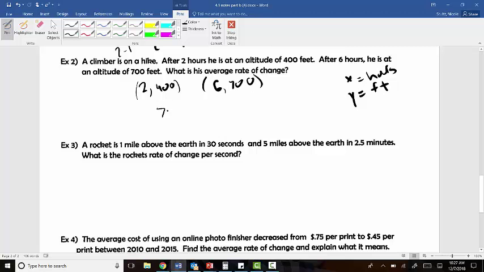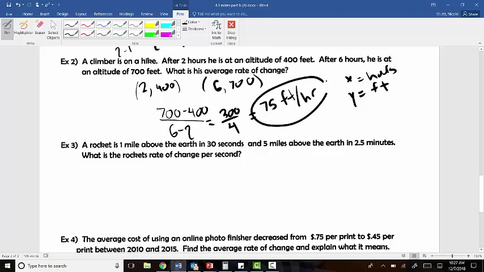And then I would do the math from there. 700 minus 400 over 6 minus 2, you get 300 over 4, which is 75, and we're talking about feet per hour. So there's your rate of change.